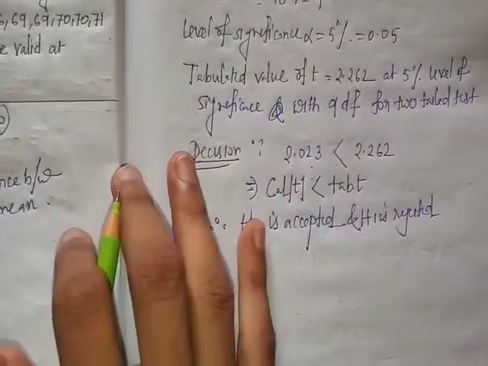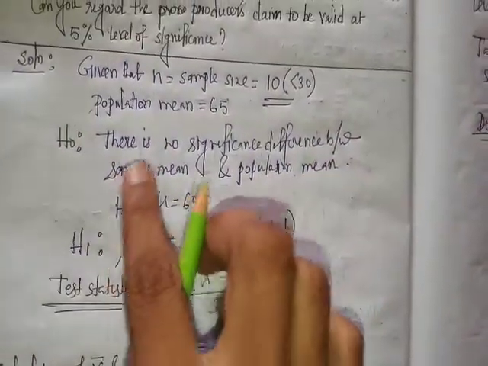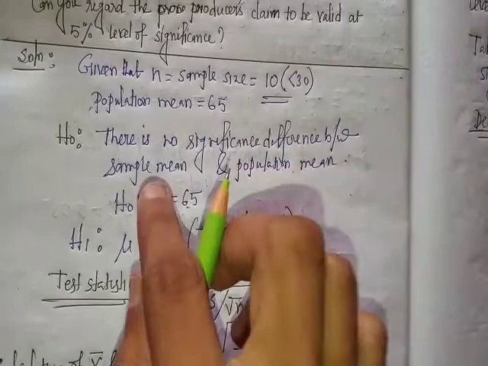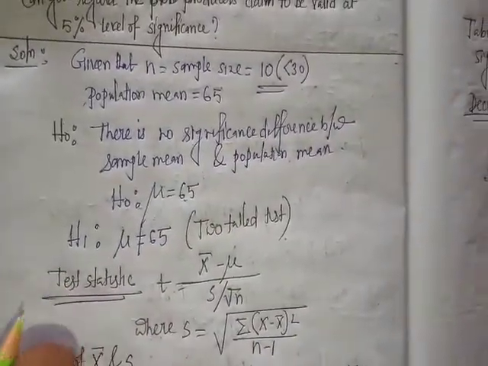Since the null hypothesis is accepted, there is no significant difference between sample mean and population mean.